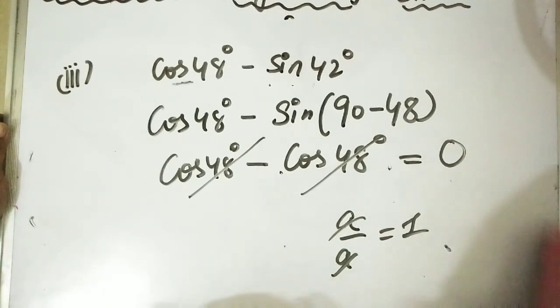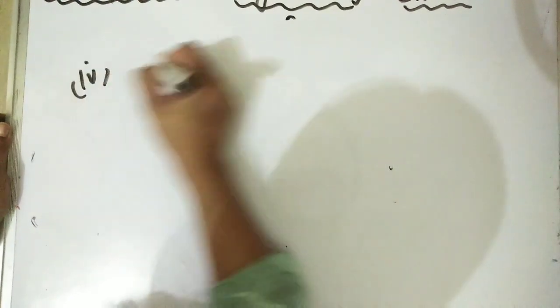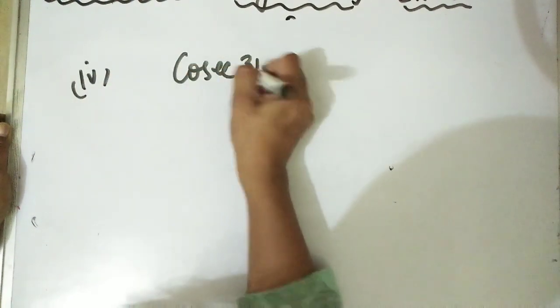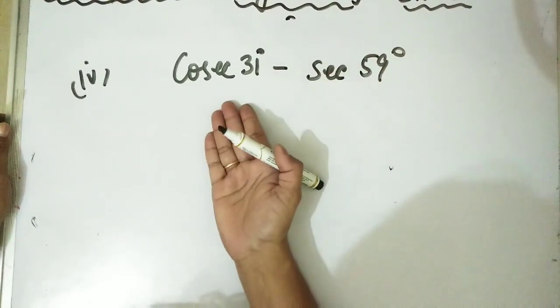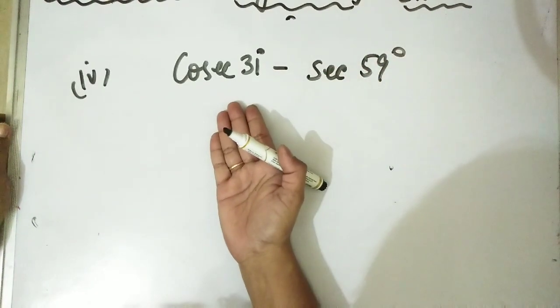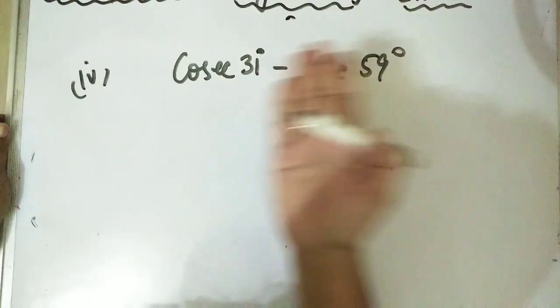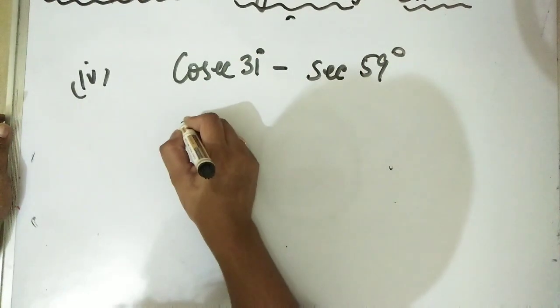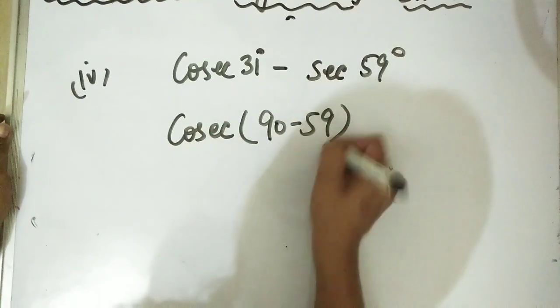So next sum, secant 31 degree minus secant 59 degree. Again I am going to convert this number. I have told you many times you can convert it this or this, right? Cosecant 31, I am going to write it as 90 minus 59.